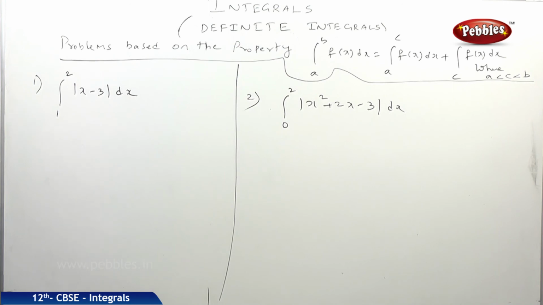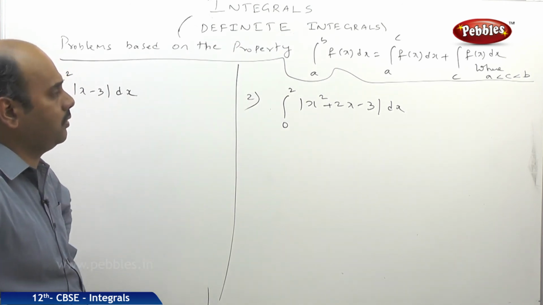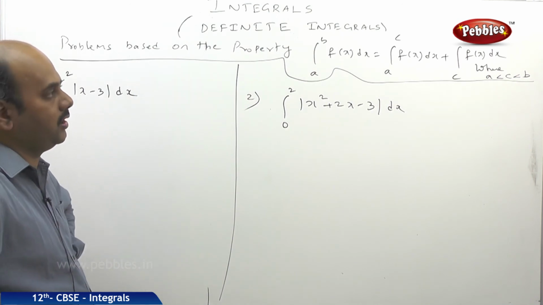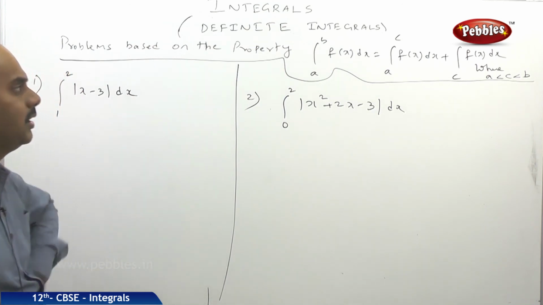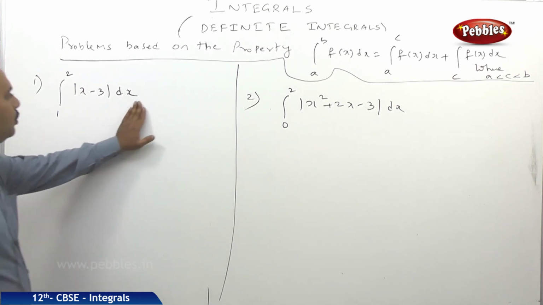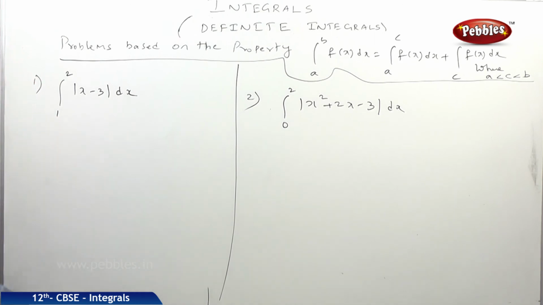We shall see problems based on the property integral a to b f of x dx is equal to integral a to c f of x dx plus integral c to b f of x dx, provided c lies between a and b. That means here we are breaking up the integral. How to break the integral is also very important, so I'll tell you a special technique.